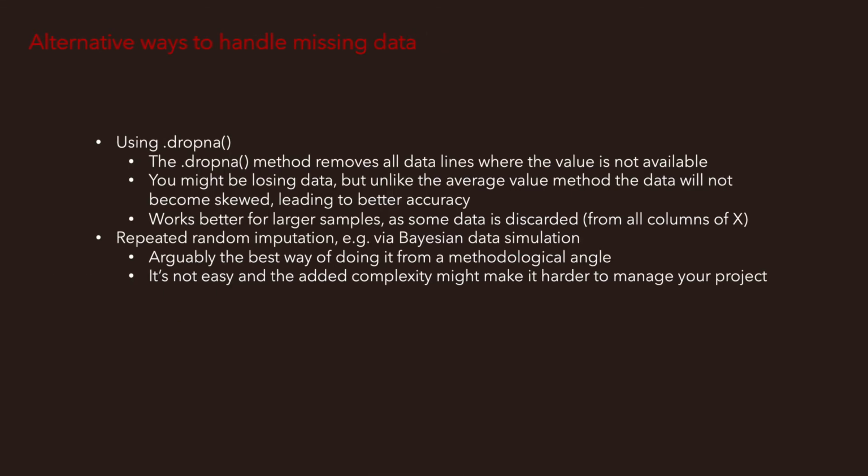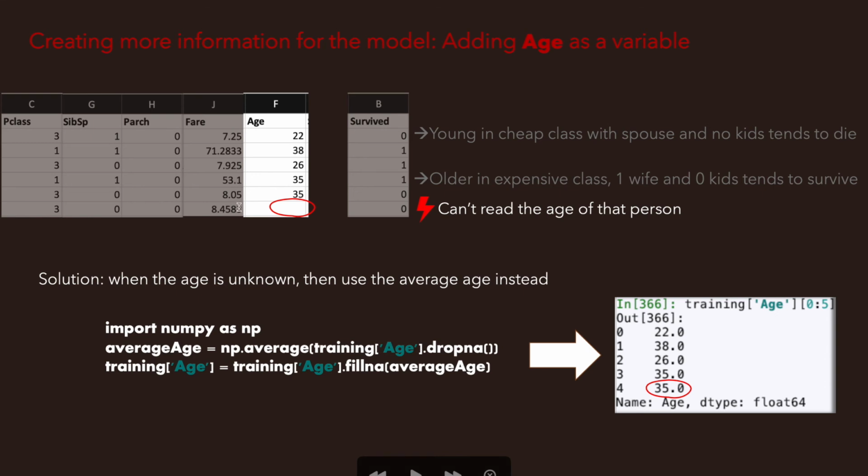Now for alternative ways you could handle NAs or missing values, you can also drop the entire column. We've seen that. We had actually used that during the calculation of the average with the dropna method. If you wanted to do that on the entire matrix X, you would also lose the information that's contained in other columns, so that other information from the passenger would be lost.